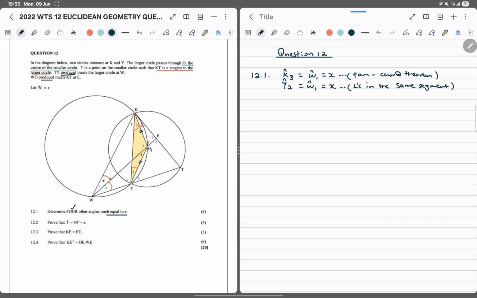So what else do we say? We will then say, well, we know that K2 is itself equal to Y2 and so equal to x. These are angles opposite equal sides already.